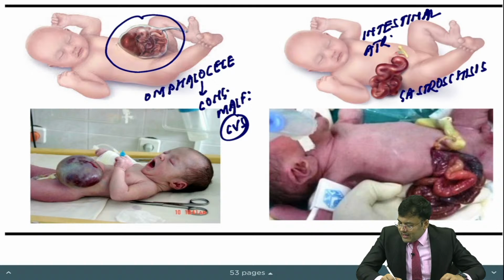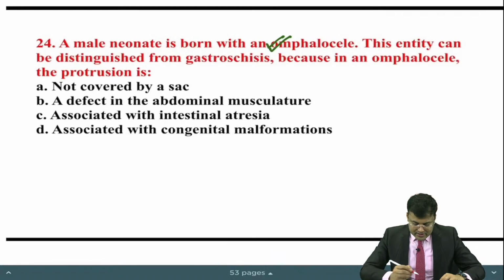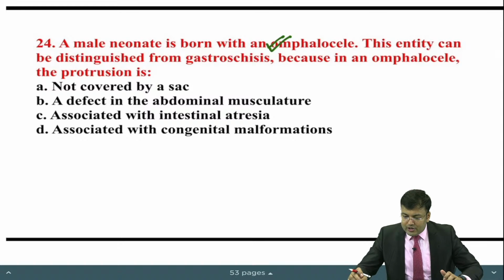Clear? Okay, so let us see the question again. Now, most of you are correct. Arvind Semalia, Vijay Kumawat, Prajakta Sonawani, Prabhas, Jitendra, yes. So the majority of you are correct.